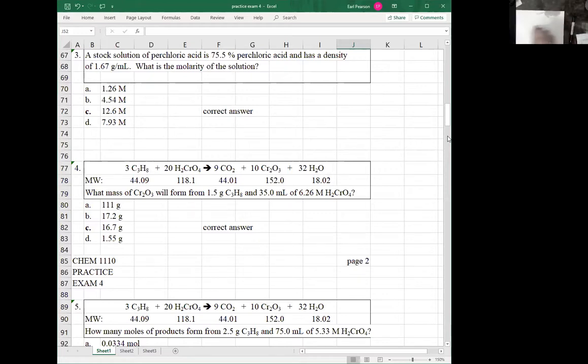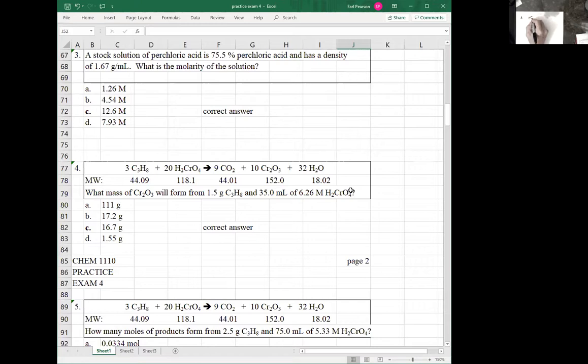Okay, it's moving right along. We're doing number 3, and you can read along with me as I copy the data down that we'll need. Number 3, we have a stock solution of perchloric acid. Now, perchloric acid, I got to know that if it's perchloric, it's made from perchlorate ion. So perchlorate is ClO4 with a -1 charge.